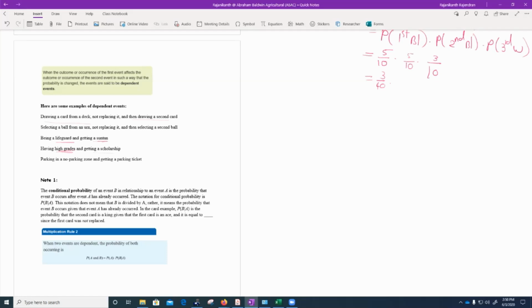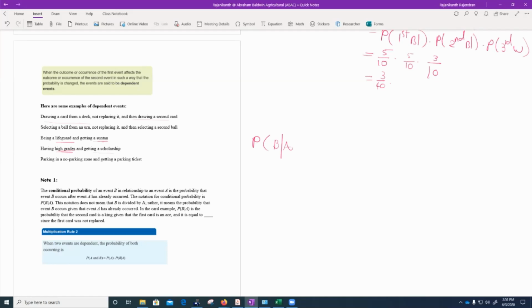Okay. So when you have a dependent event case, now you can't use the earlier formula for the probability of two events, AND. So we should have some other technique. In that case, we are going to use the conditional probability technique. What do we mean by conditional probability? Conditional probability means, suppose you want to look at the probability of an event B, but you know that an event A has already happened, occurred, right?